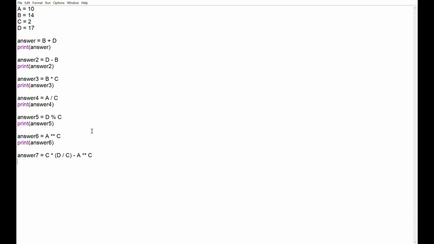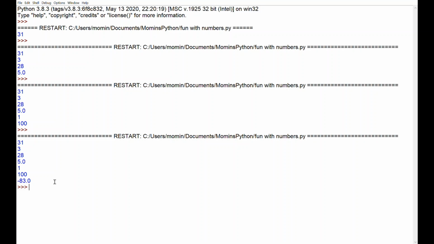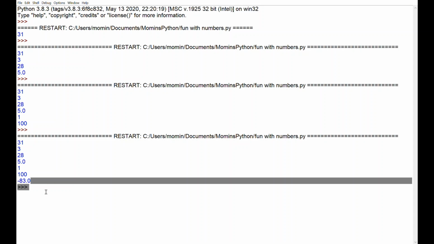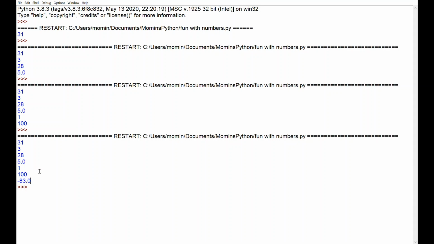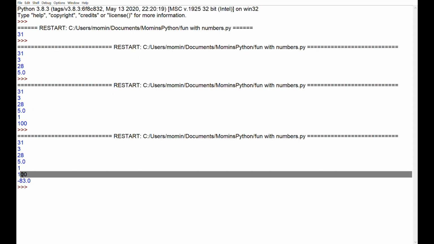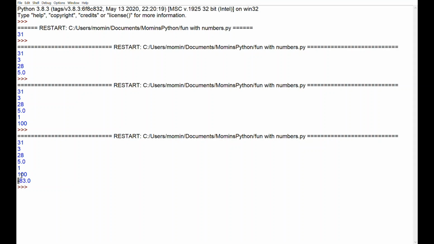Oh yeah, I forgot to do print. That was an important part. Let's see what happens. I'm gonna run it, and I'll show you guys too. Sorry about this negative number. I didn't know it would turn into a negative number, because I was not able to do the maths myself, because that was some hard maths. If one of you guys did it correctly, then congratulations, because I couldn't even do it myself.